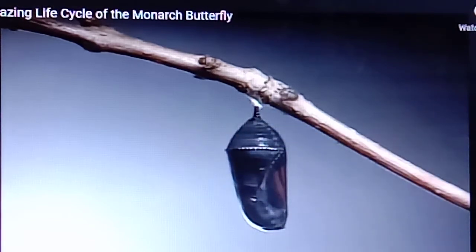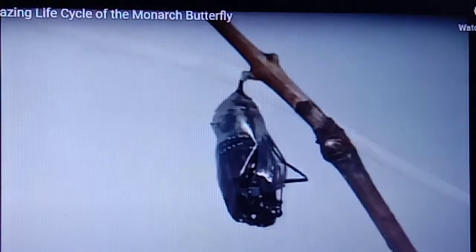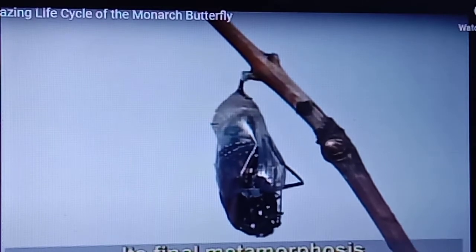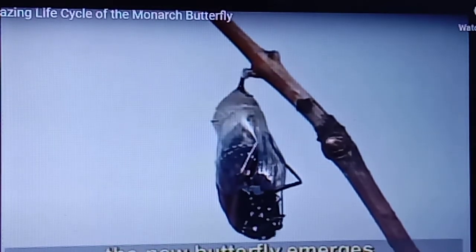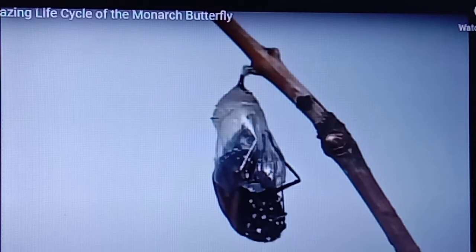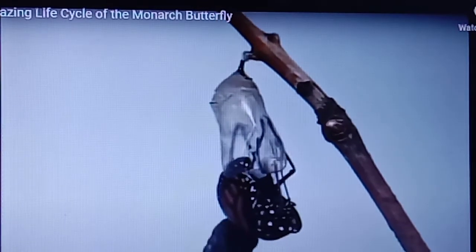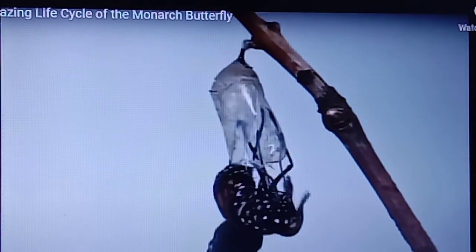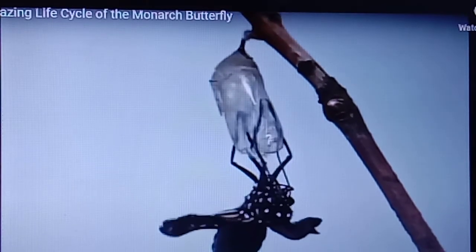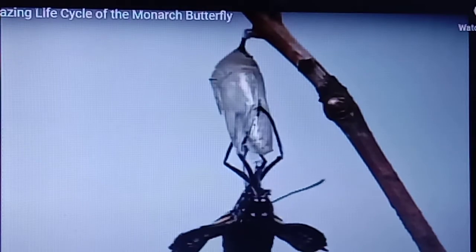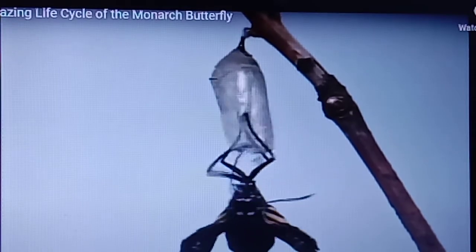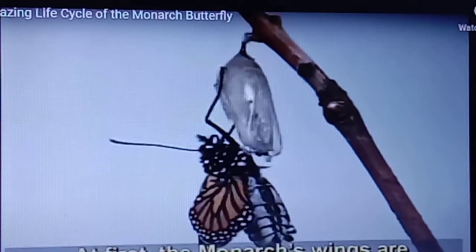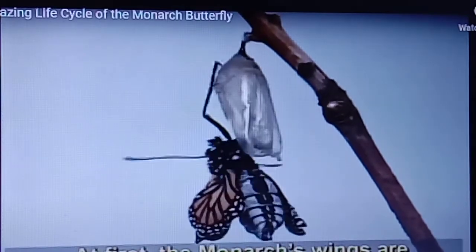Then the adult butterfly emerges from the chrysalis. This is the fourth stage. Now it has 4 attractive wings and 6 long legs. The wings are small here but slowly grow into bigger wings.